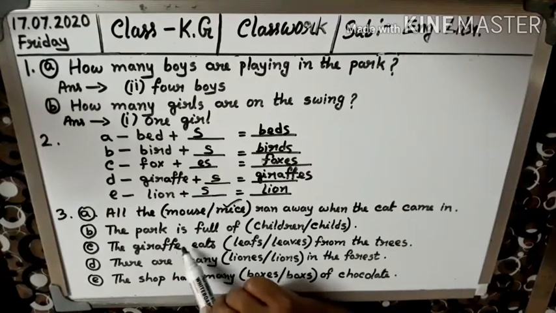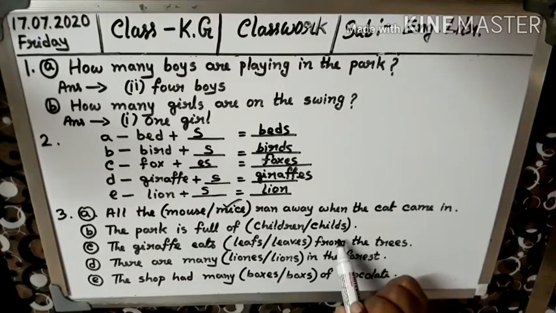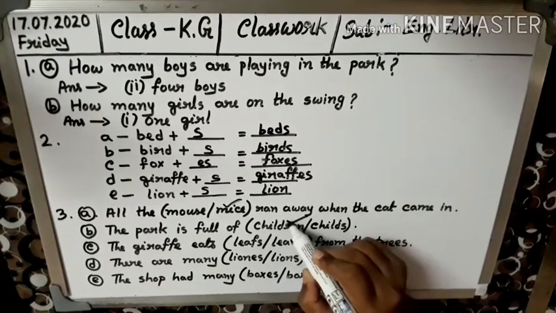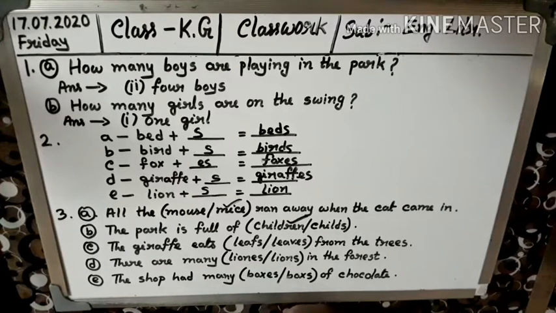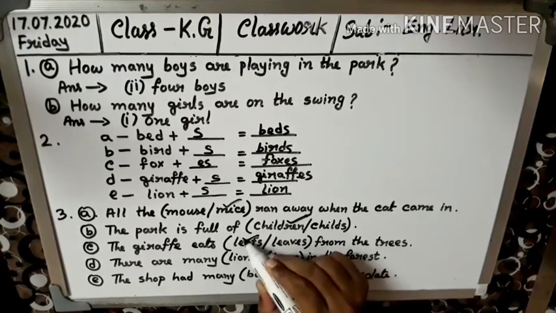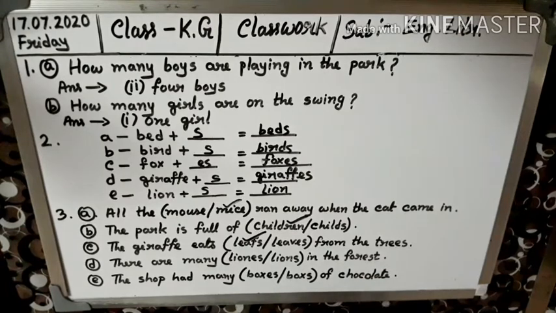B. The park is full of children. More than one. C. The giraffe eats leaves from the trees. D. There are many lions in the forest.